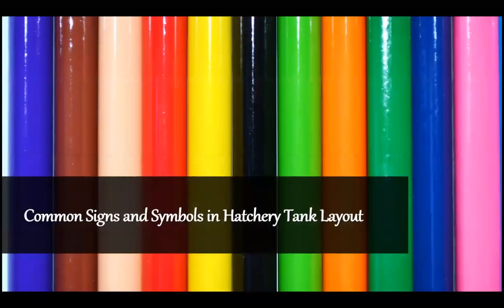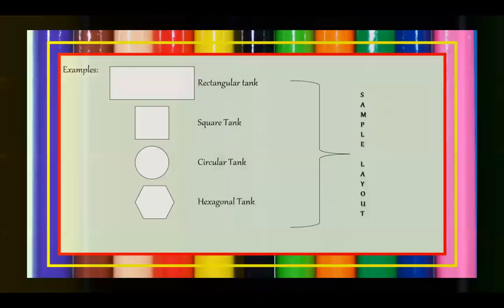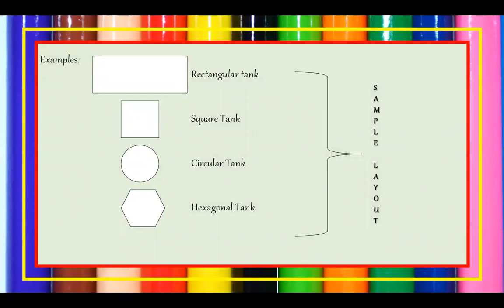So now let's talk about the common signs and symbols in hatchery tank layout. There are no particular symbols or signs being used in hatchery tank layout. You can always use any signs or symbols in the layout depending on how you interpret each sign through a legend.